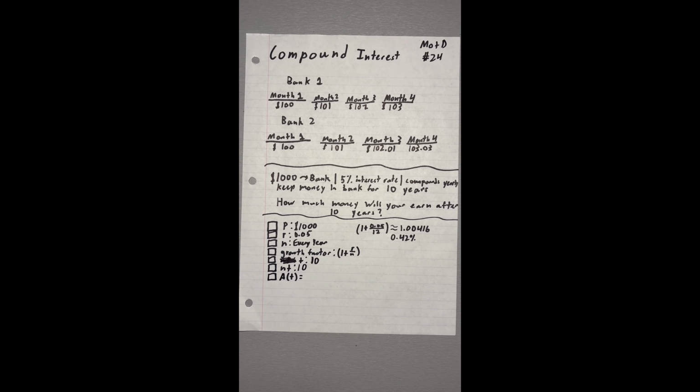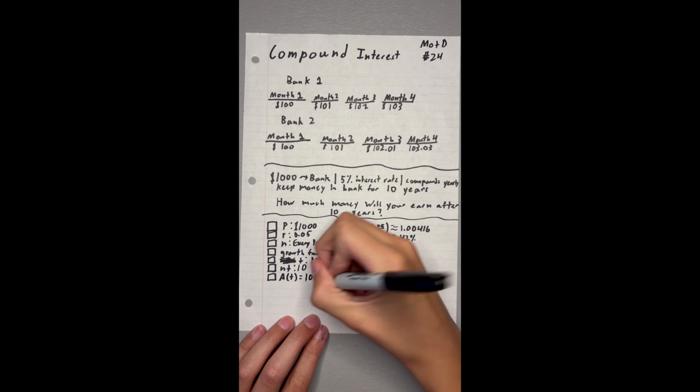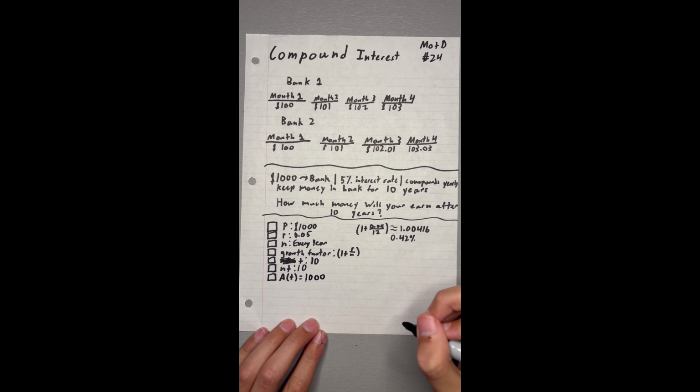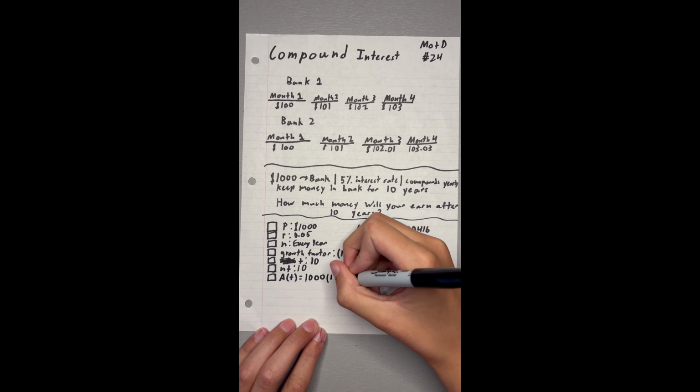Lastly, we need to identify our output or final amount, A of t. To do this, we must put all of our parts of this equation together. First, we take our principal, which is 1,000, and we multiply this by the growth factor, which is 1 plus 0.05 over 1.